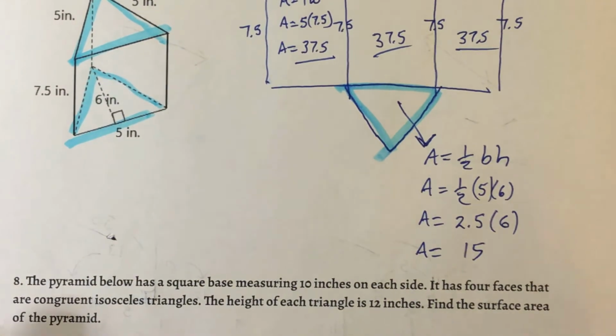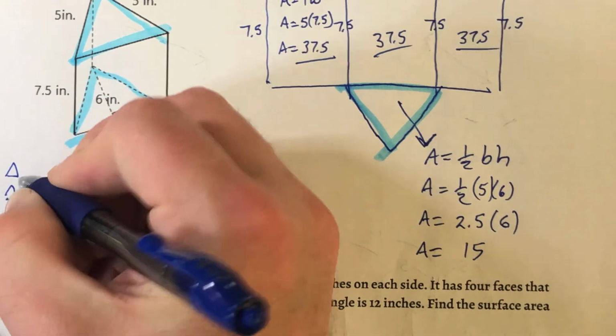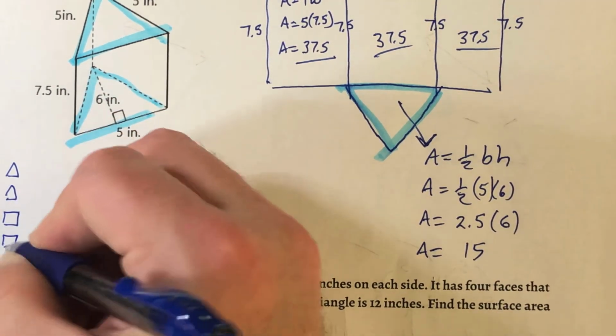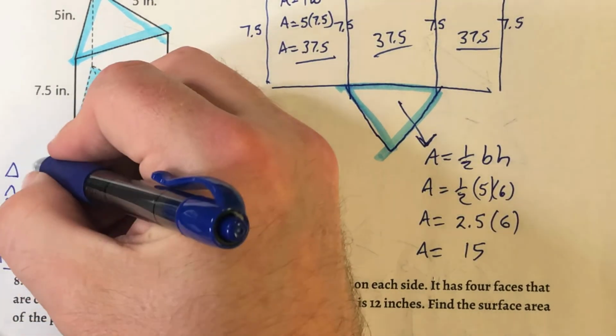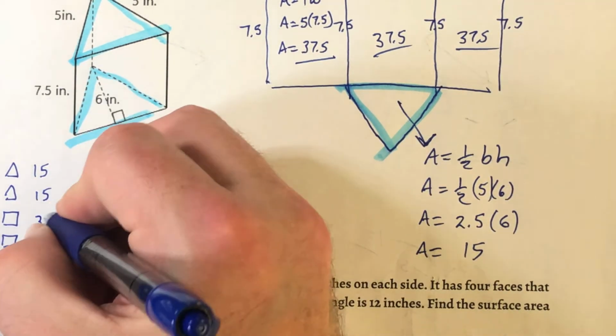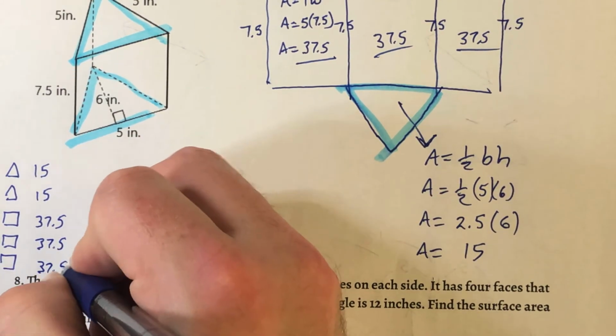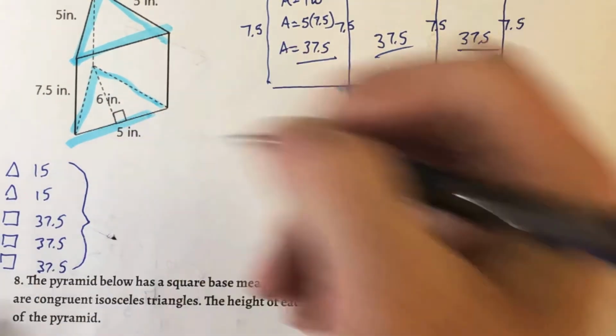All right, let's add them up. So I've got 2 triangles and 3 rectangles. The 2 triangles were 15 each, and the 3 rectangles are all the same, 37.5. All right, let's add that up.